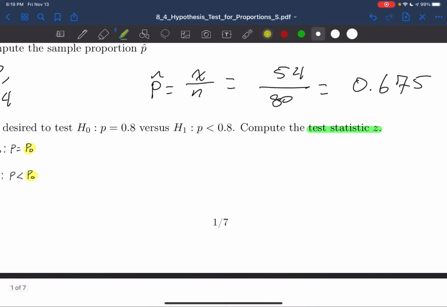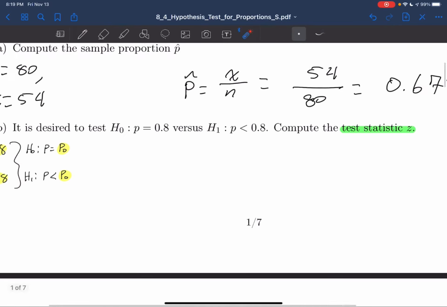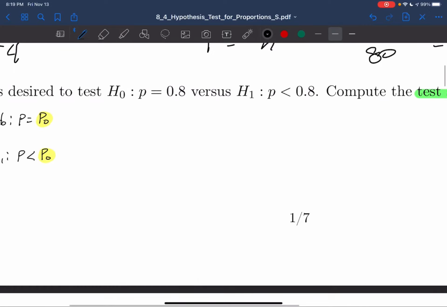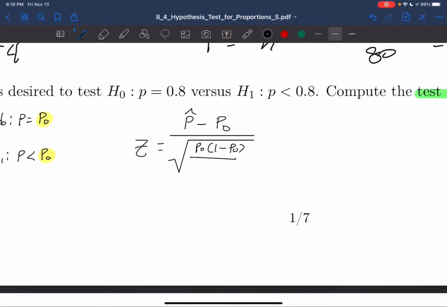Now we want to compute our test statistic z. Here z is equal to p hat minus p naught divided by the square root of p naught times 1 minus p naught divided by n.